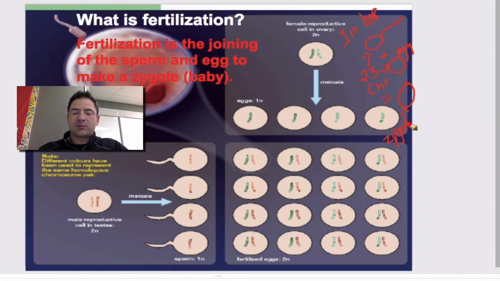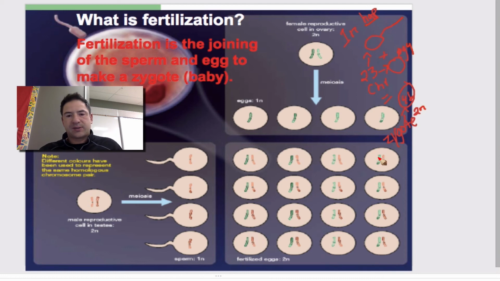Now, zygote is before the offspring is born. That's what you produce essentially. So at this time, this zygote is going to have 46 chromosomes, going to be in a 2N state, which is diploid. Now, when we look at this, basically this is how we get that full set of chromosomes.